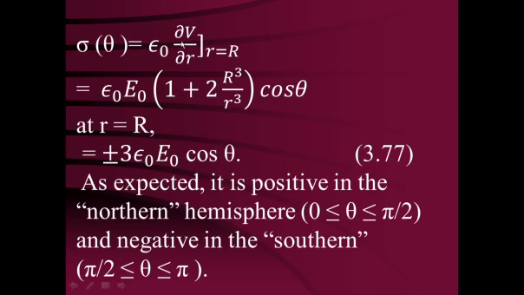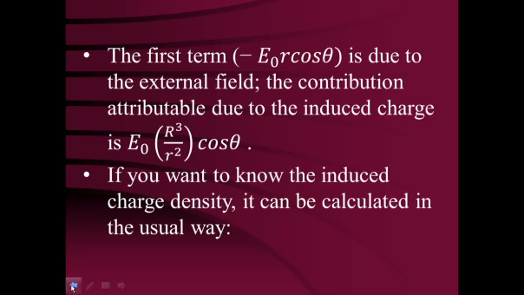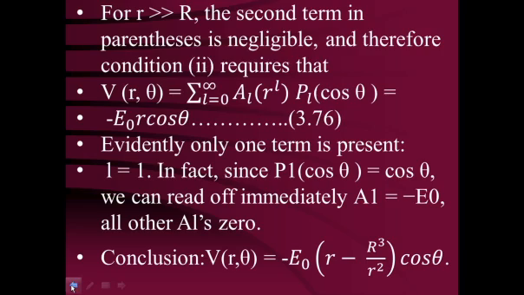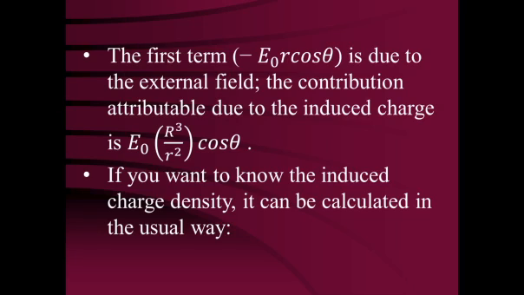So whatever the equation of the potential is, differentiate it with respect to R, multiply by minus epsilon 0, and substitute small r equal to capital R. You will find sigma, the surface charge density.